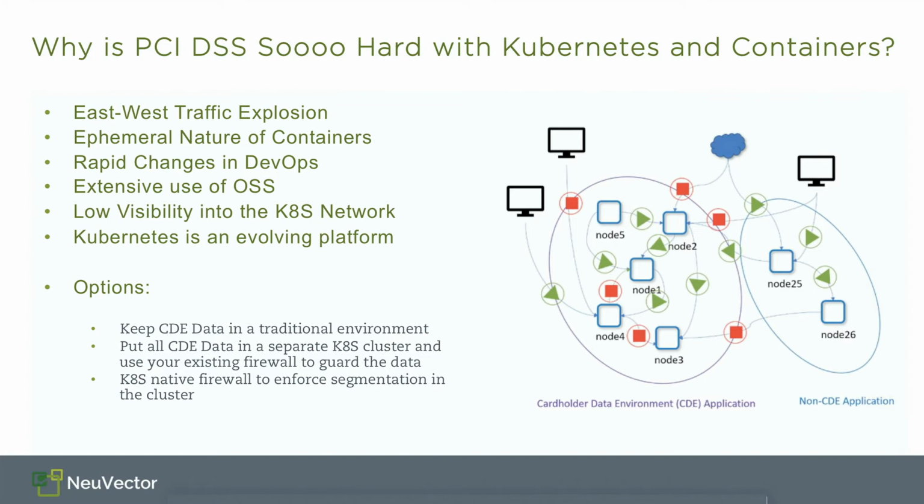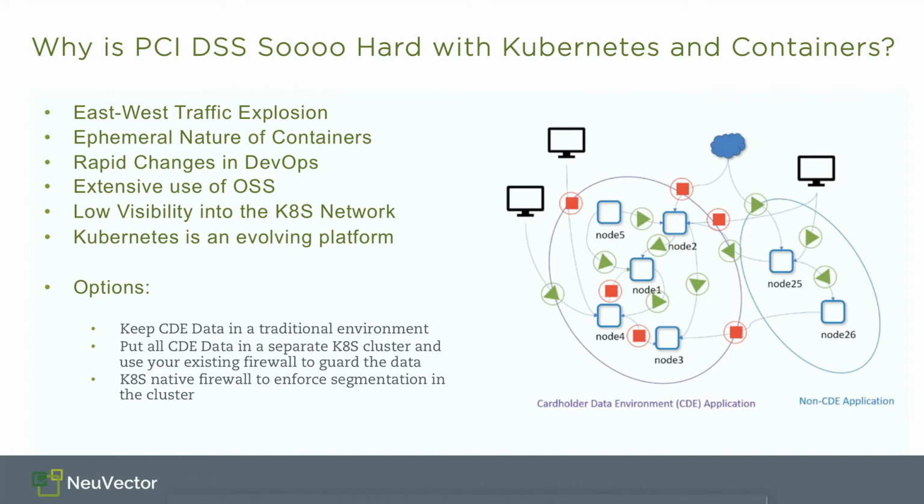So what are your options out of the gate to make your environment PCI compliant? Well, you can basically maintain all your cardholder data in a traditional environment and simply not handle it with Kubernetes. That's sort of the not very exciting option, and probably not why you're here today. You could also put your cardholder data in a separate Kubernetes cluster and manage that with your existing firewalls.